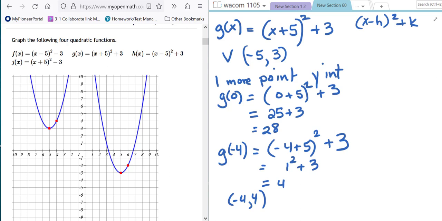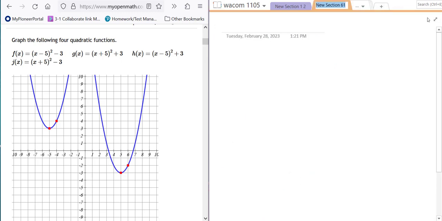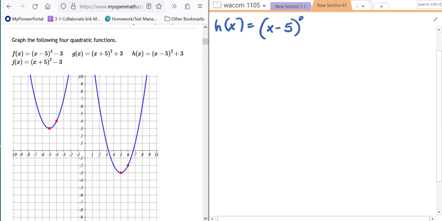So we're going to have 4 on one page. So you should be really good at this after one problem. All of these are opening up because in front of each one, it's a positive 1. So they're all going to open up. All right, so my vertex from this, it is in the minus form, so it's going to be 5, 3.